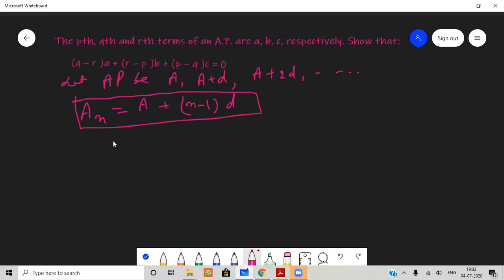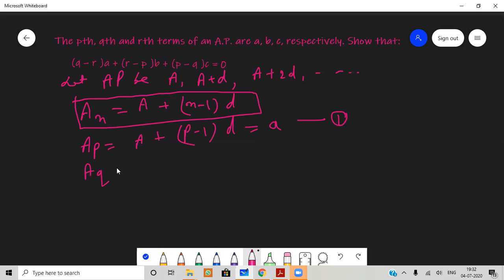Now let us write the pth term. In the same way, the pth term they have given is equal to small a. So my formula: Ap will be A plus p minus 1 into d, and they said it is equal to small a, equation 1.